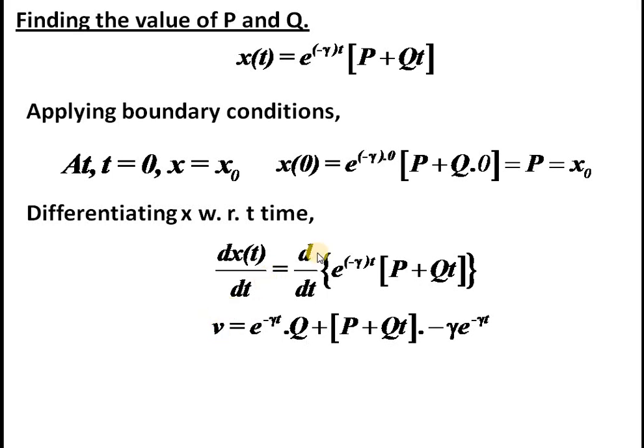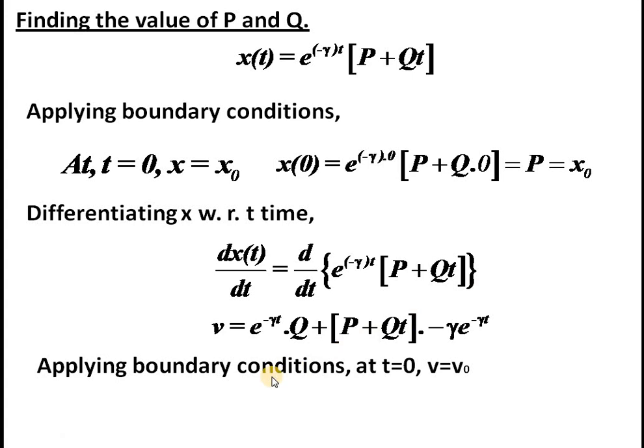So you can write velocity is equal to e raised to minus gamma t into q, plus p plus qt into minus gamma e raised to minus gamma t. You can see it is very simple. We are differentiating using the product rule. This is one function, this is the second function: first function into differential of the second, plus second function into differential of the first function, minus gamma e raised to minus gamma t.